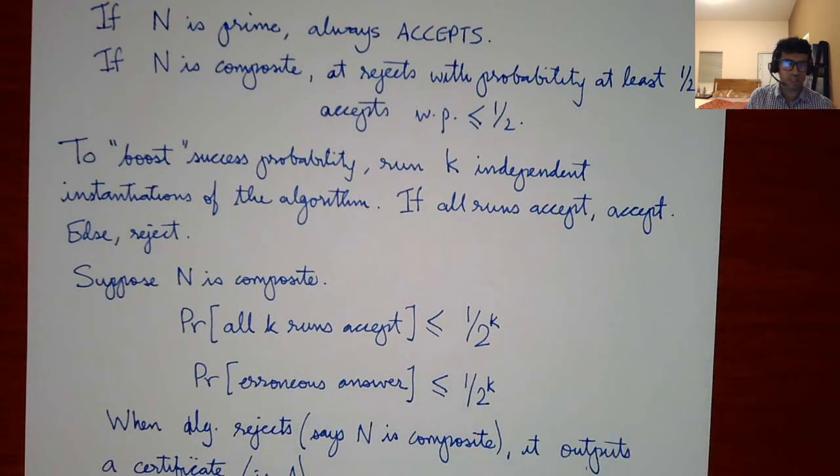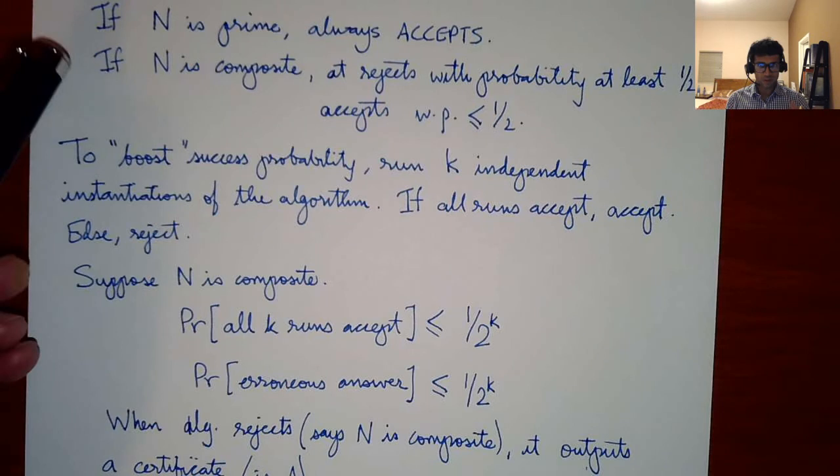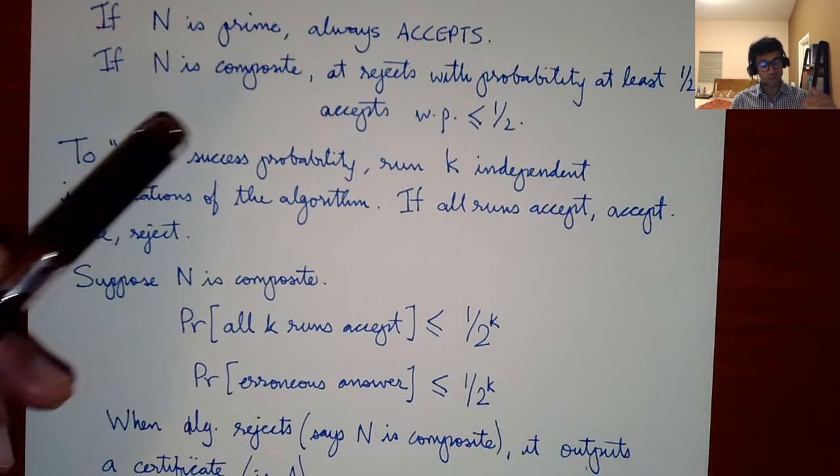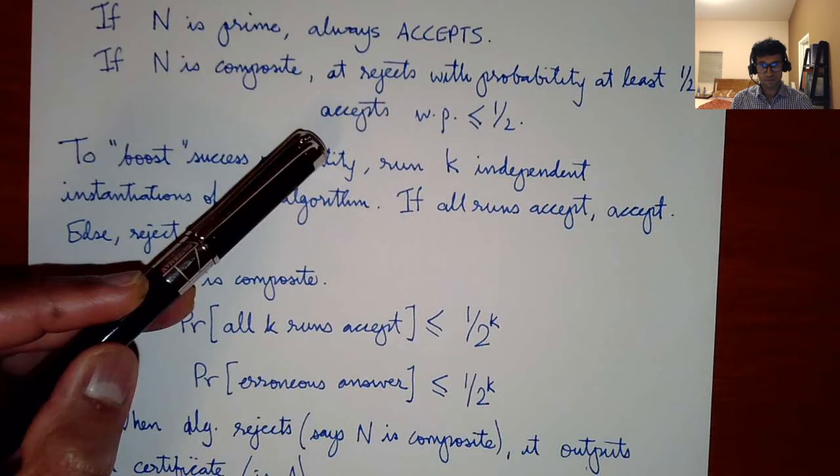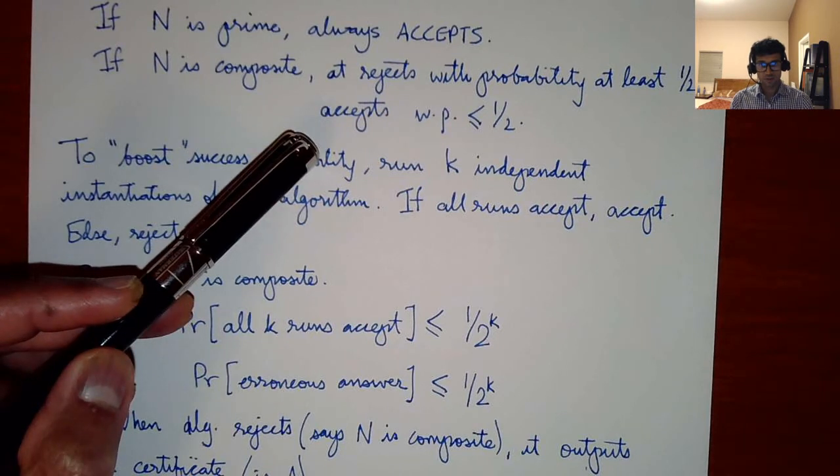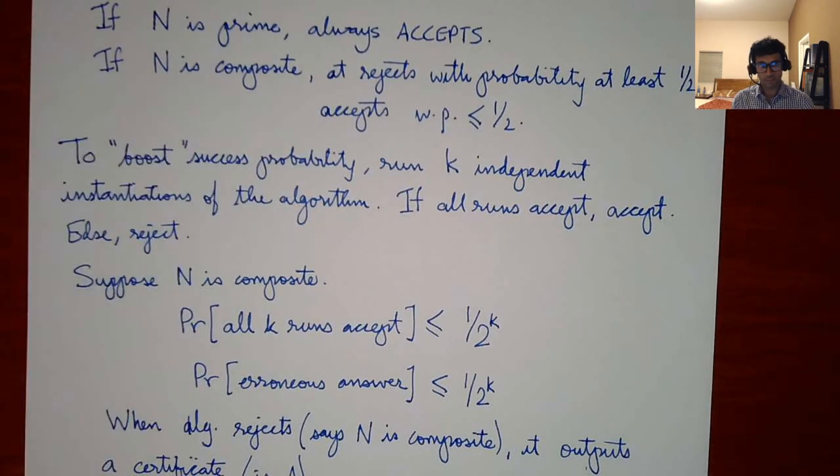Even though you may not have followed all the number theory behind it, which is actually quite beautiful, you can read it up, the important thing is to observe these facets of the computation. It's not just if it's in the language accept and if it's not in the language reject. It's much more nuanced now. If it's in the language, it accepts. If it's not in the language, it accepts with probability at most half. So in other words, the error is less than probability half.